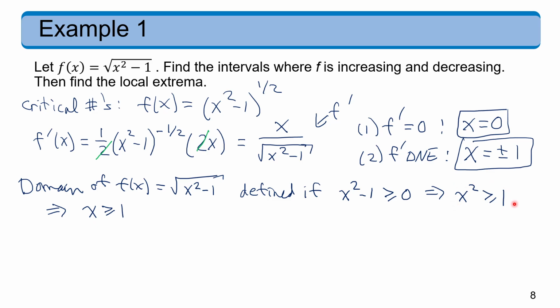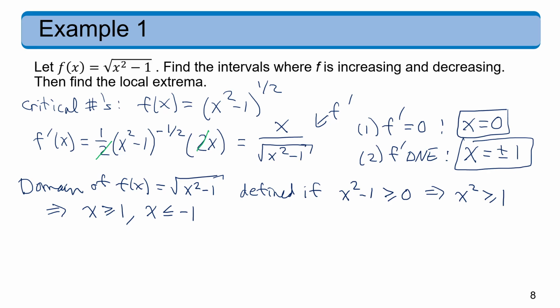But there are also some negative values that work, and that is x less than or equal to negative 1. For example, if you chose x equal to negative 2, which is in this interval, when you square that you get 4, which satisfies that it's greater than or equal to 1. So the only values that are a problem are values between negative 1 and positive 1. For example, 0, right? If you plug 0 in, you get the square root of negative 1, which is undefined.